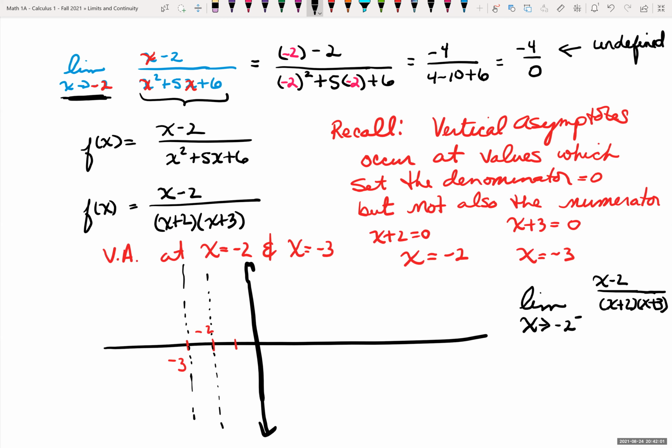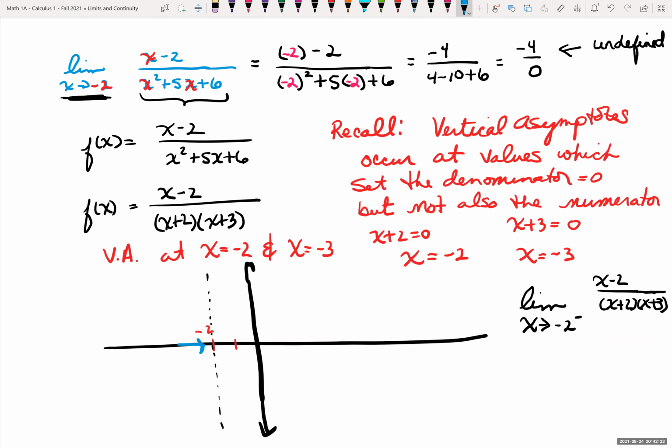So if I'm looking at x coming in to negative 2 on the left-hand side, that means I'm plugging in like negative 2.1, negative 2.001, negative 2.0001. It's getting closer and closer on this left-hand side.